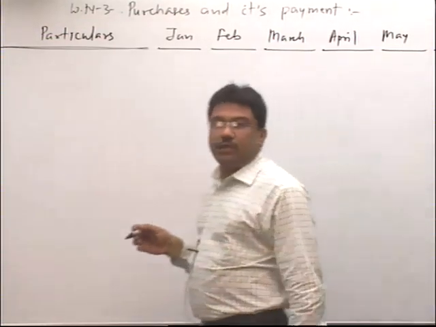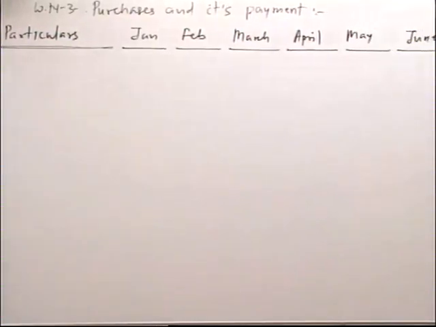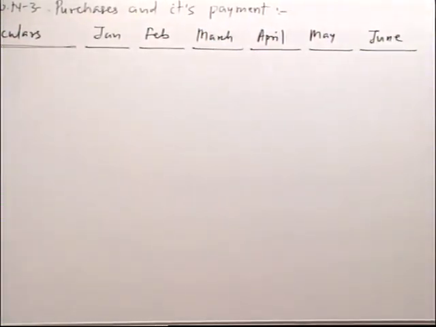The first column is for particulars and 6 columns for the next 6 months.